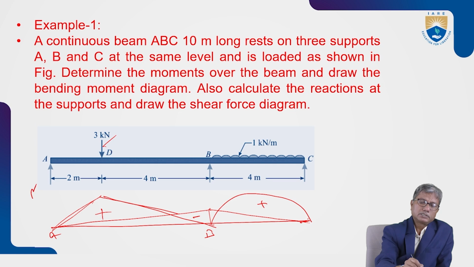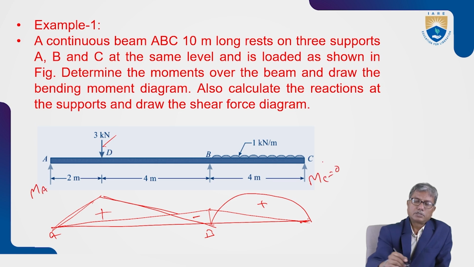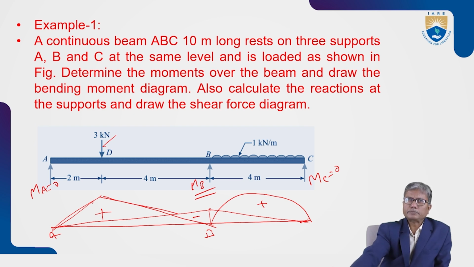The condition here is that bending moment at A and at C are 0, being simply supported. So the only unknown in this case is the moment at B, MB. In case of simply supported beams, the only unknown is the moment at the intermediate support, and that will be directly obtained by applying the theorem of three moments for spans AB and BC.